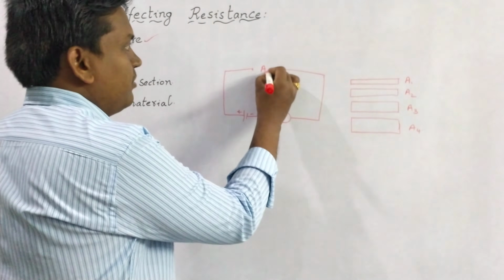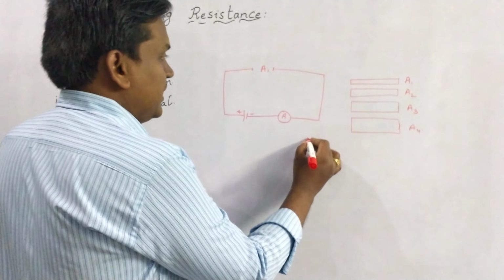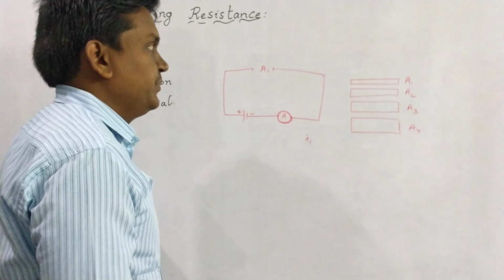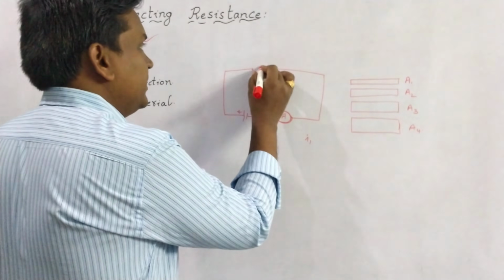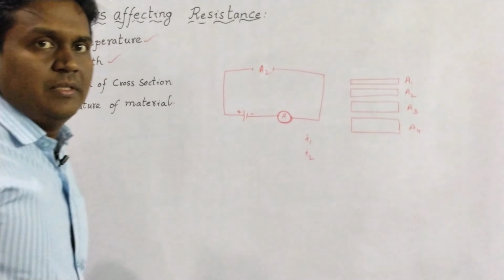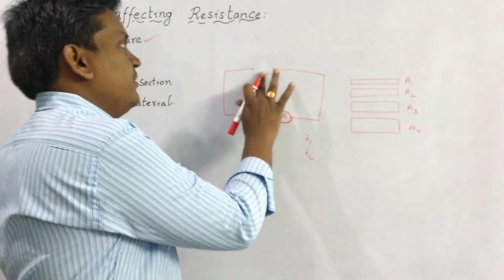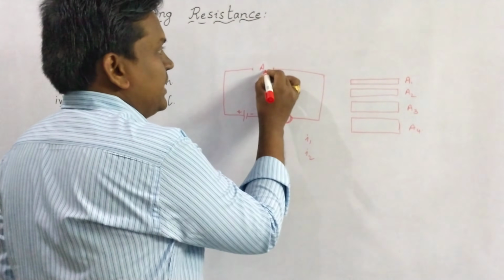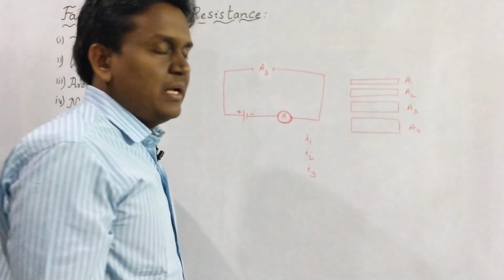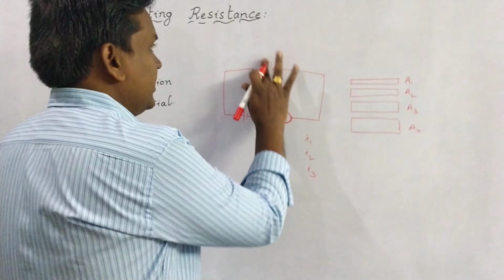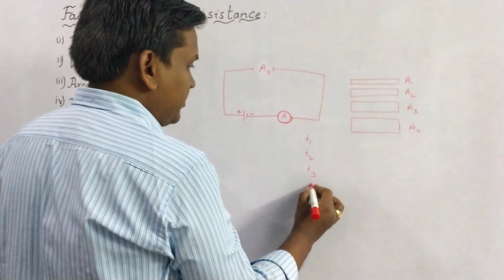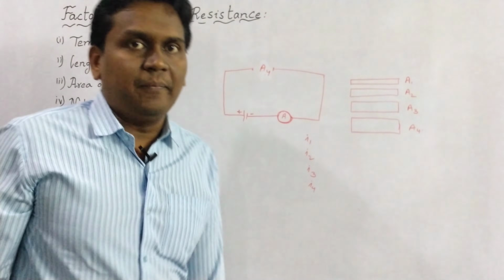First we will place A1 here and we observe that the current reading in the ammeter shows some I1, and after that we will place A2 here and the current reading in the ammeter is I2, and after that we will place A3 and the current in the ammeter is I3, and in the same way we will place A4 and we observe the current is I4.